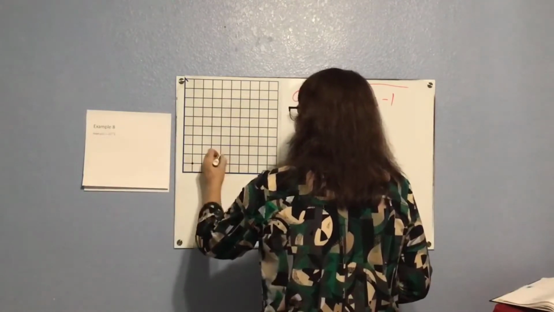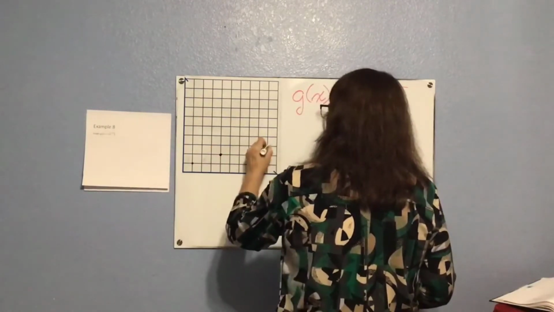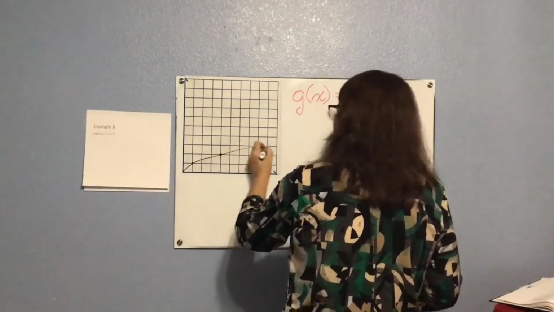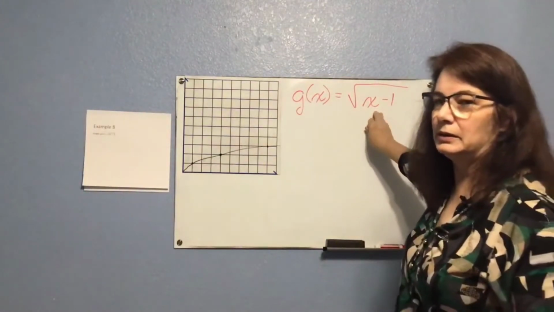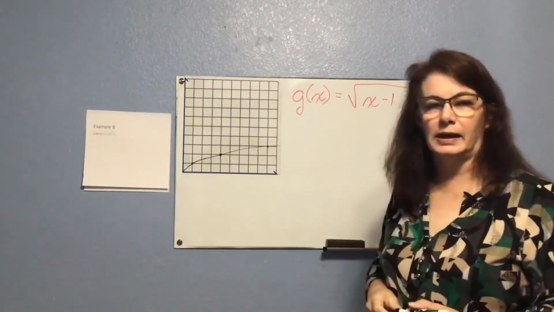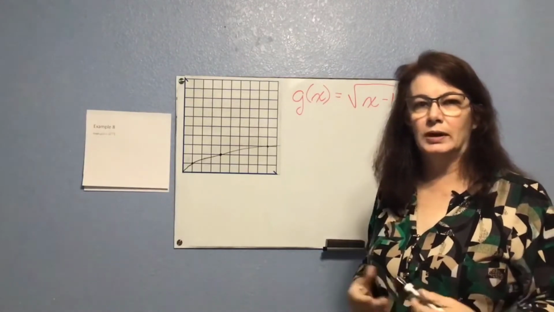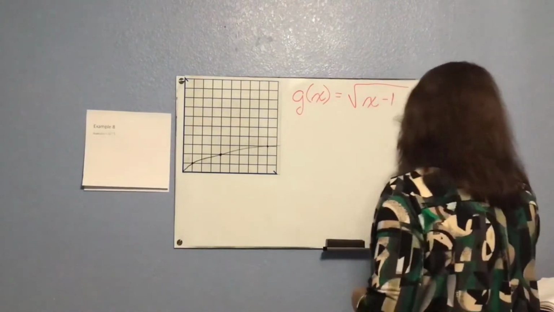Let's say when x is 4, y is 2. When x is 9, y is 3. So this is my basic square root function. But what happens to it when I put the minus 1 inside the square root? Okay, if I'm not sure, I can always make a table of values and find out.